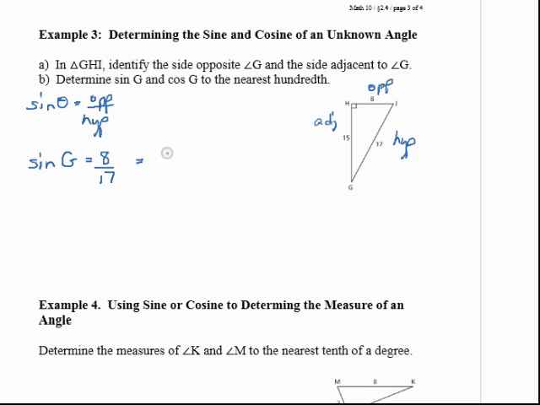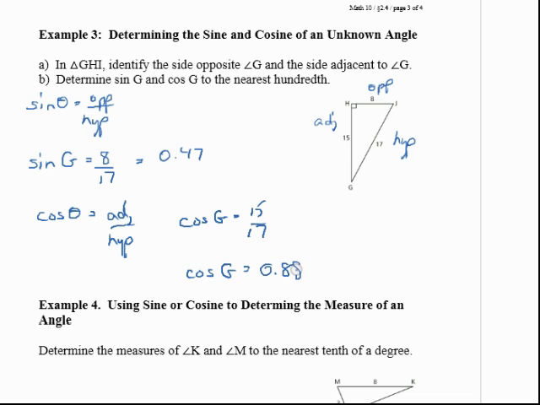And then my calculator tells me that's 0.47. So sine G equals 0.47. Okay, so now I'm going to do cos, so cos theta equals adjacent over hypotenuse. Cosine of G is 15 over 17. So cos G equals 0.88.